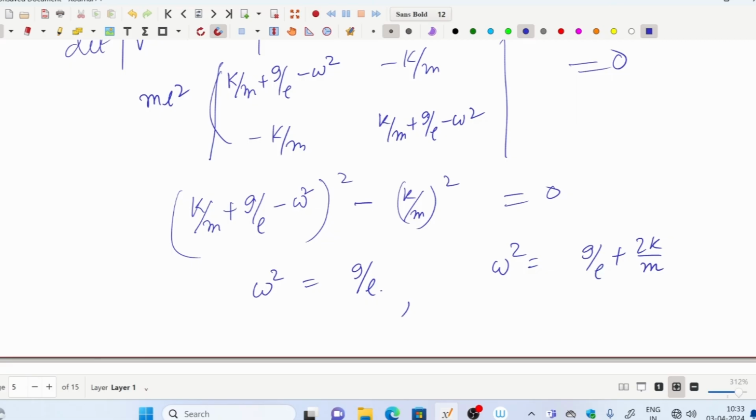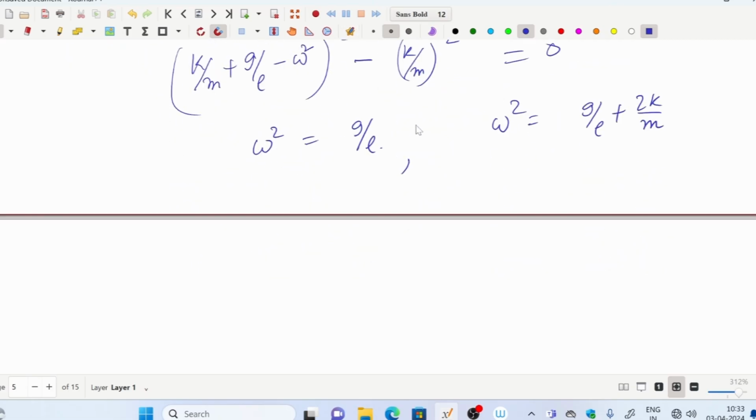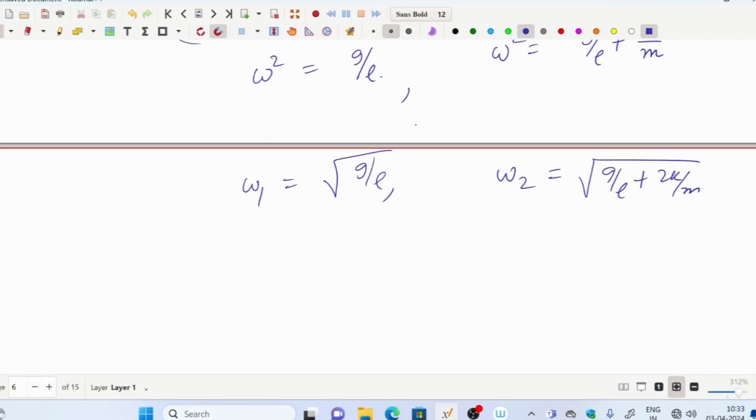That means the first solution omega 1 we find is root g by l, and omega 2 we obtain as root of g by l plus 2k by m. So, these are the frequencies of oscillation for this system, and one can find the eigenvectors.